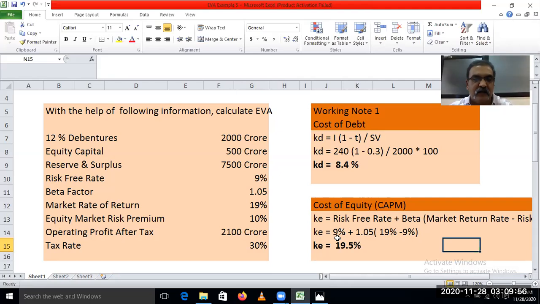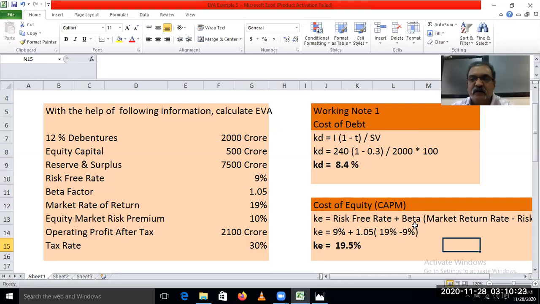Combined, that becomes my total expectation from equity, and that stands for cost of equity capital according to the capital asset pricing model. Here risk-free rate is given as 9% plus beta. Beta tells us the risk. Market beta is always 1. Beta 1 means your risk is equal to the market.